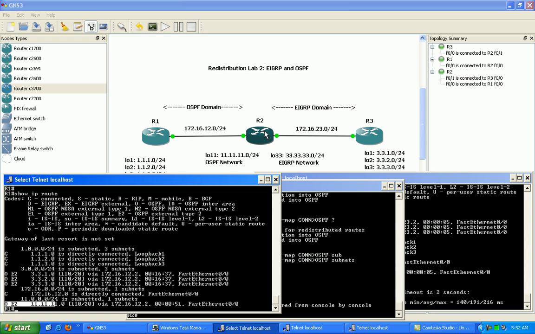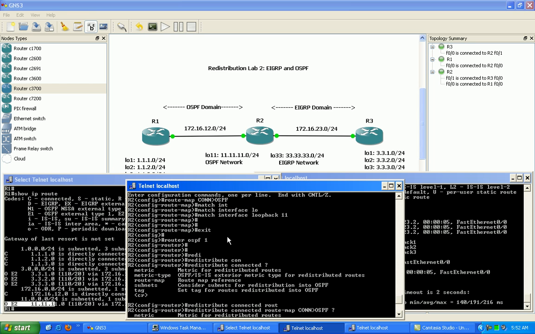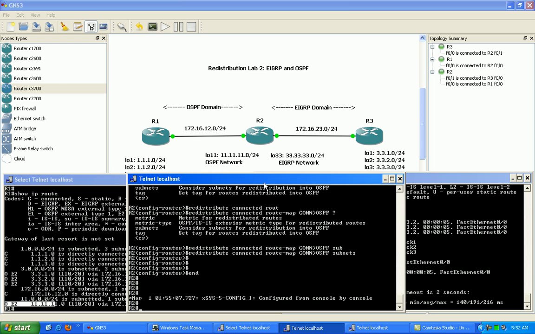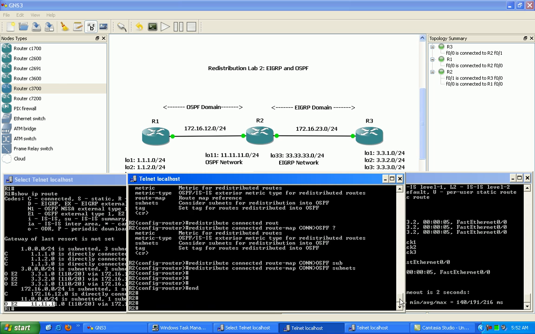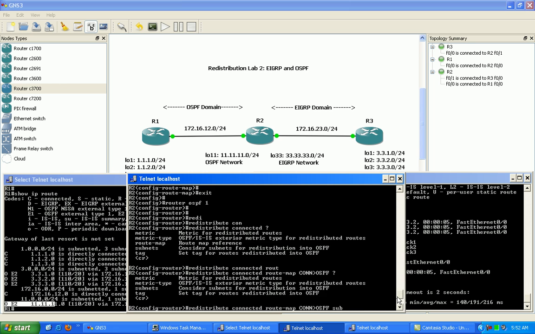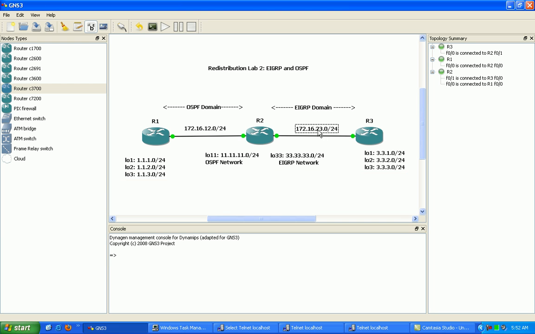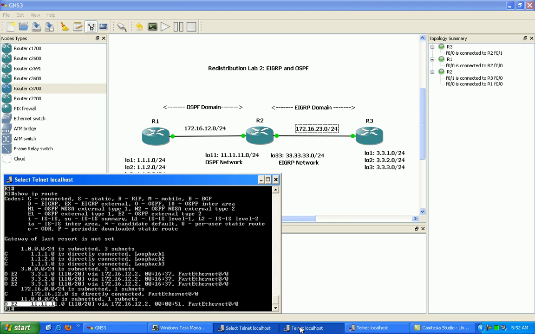And that's because within the redistribution process, it's not only going to pull on the local router the routes that it's learning via the protocol, which in this case was EIGRP, but it's also going to pull into the redistribution process the interfaces in which the network statement is advertising into the protocol as well. So in this case, in router 2, that was the 23 network.